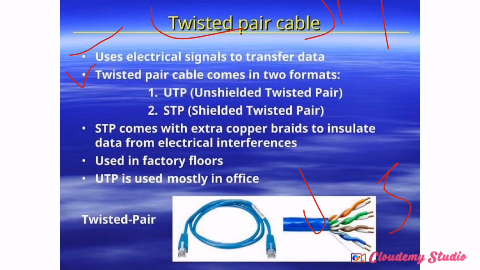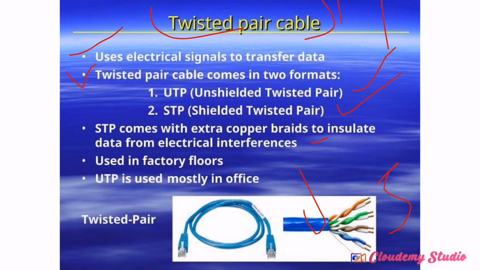So number 1, UTP, unshielded twisted pair. That's what it means. Then STP, shielded twisted pair. Shielded twisted pair comes with extra copper braid to insulate data from electrical interference.